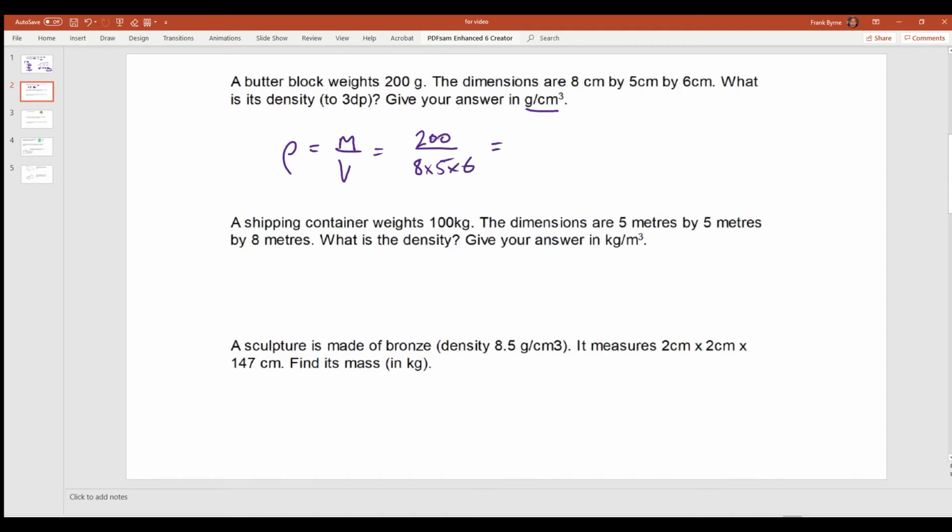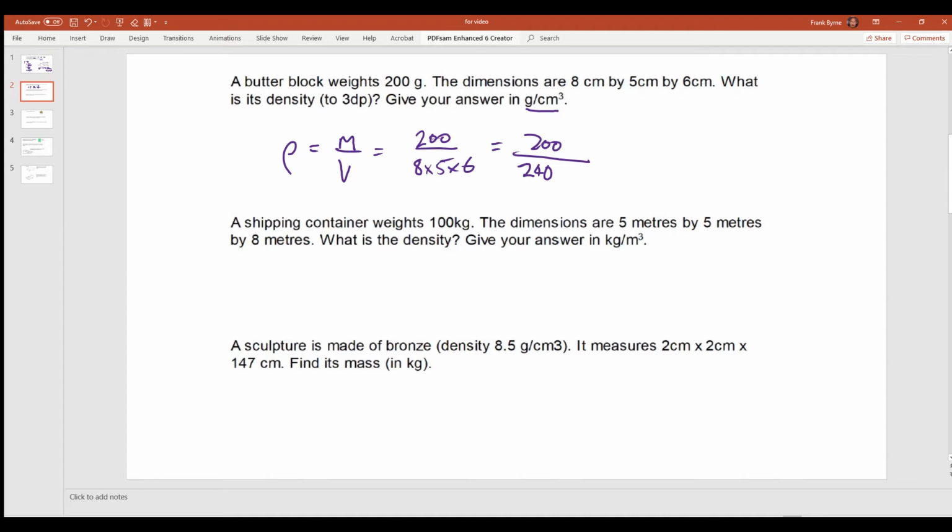200. Now, sometimes it's actually easier to calculate the bottom number first, because otherwise, with 8 times 5 times 6, there's a tendency for people to do 200 divided by 8, and then times 5 times 6. Let me show you what you would have got if you'd done it that way.